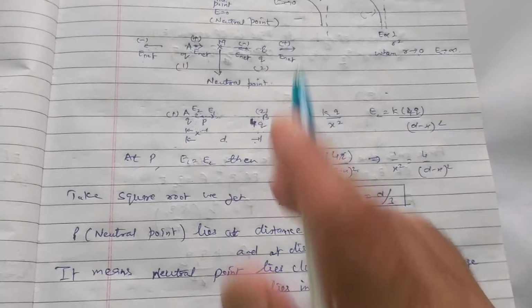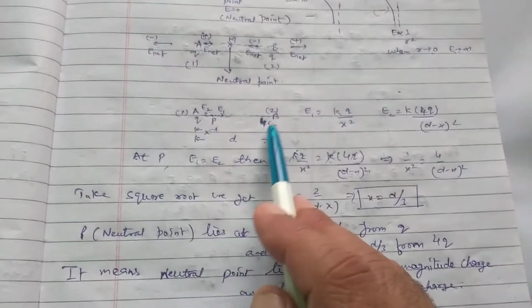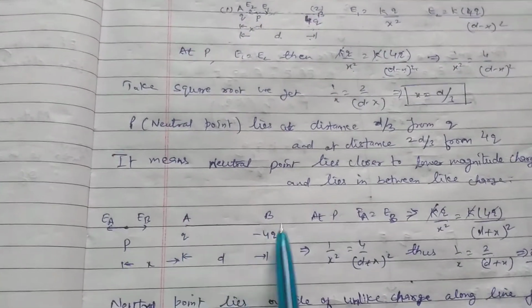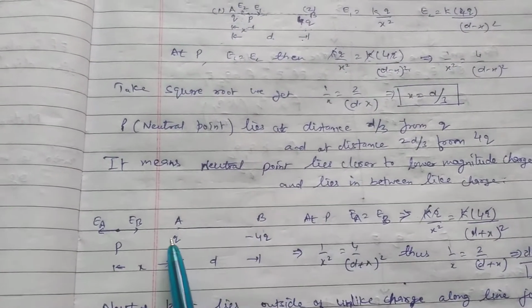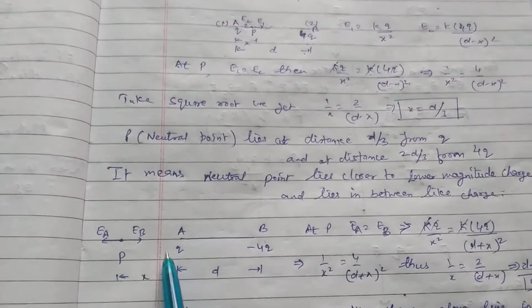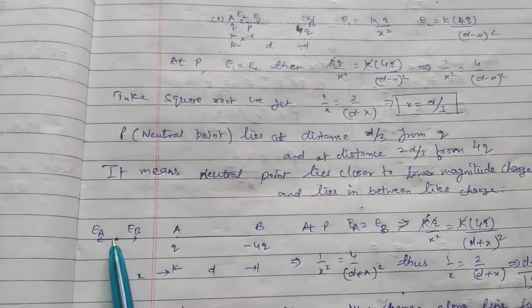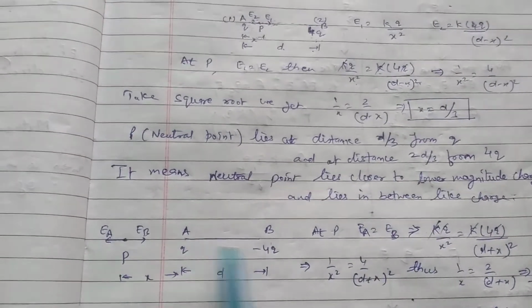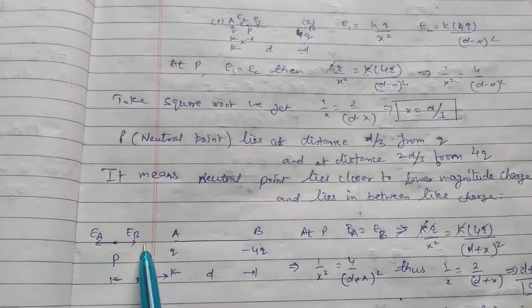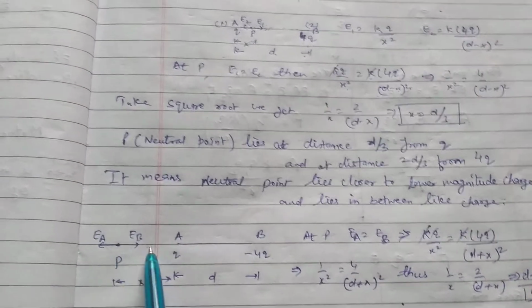but lies in between the like charges. If these two charges are of opposite nature, say Q and minus 4Q, then the point P will not lie in between. The neutral point lies outside, because this charge is going to repel the test charge and this charge is going to attract the test charge, so they are opposite to each other.